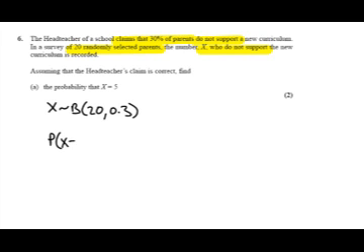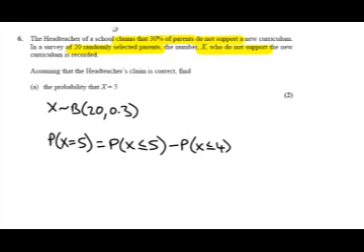Trying to find the probability that X equals 5. So this isn't cumulative, but I can make use of the probability that X is less than or equal to 5 minus the probability that X is less than or equal to 4. Okay, so everything less than or equal to 5. If I was to remove everything less than or equal to 4, I'll be left with only the 5.